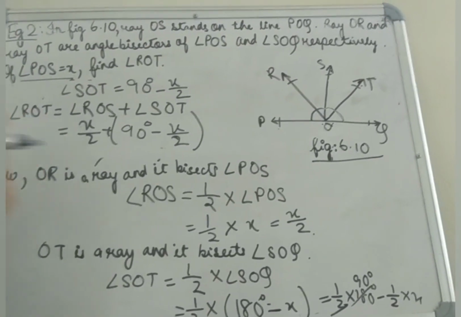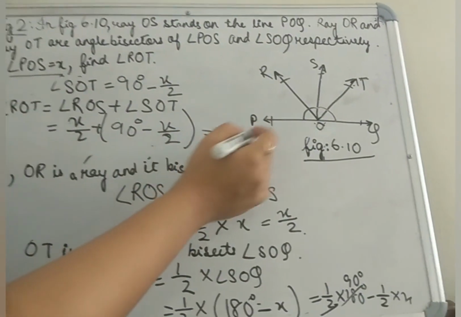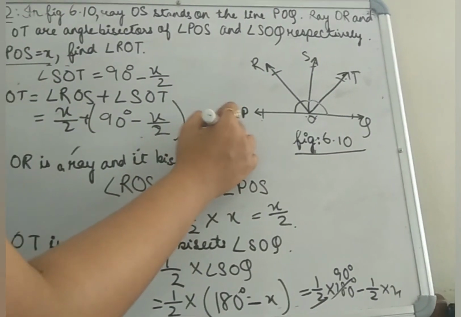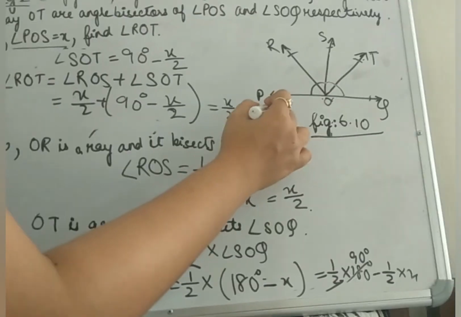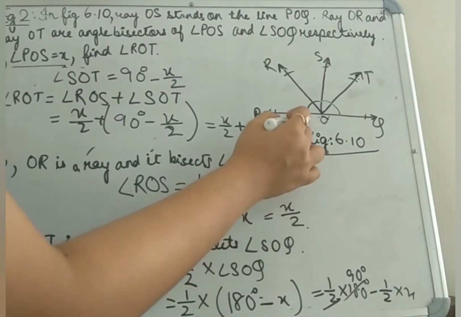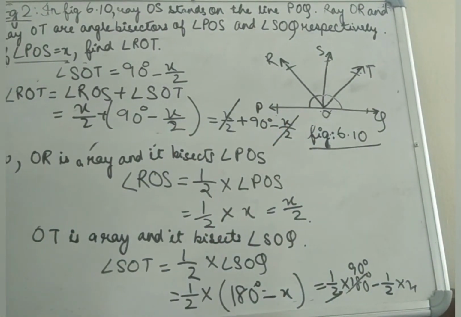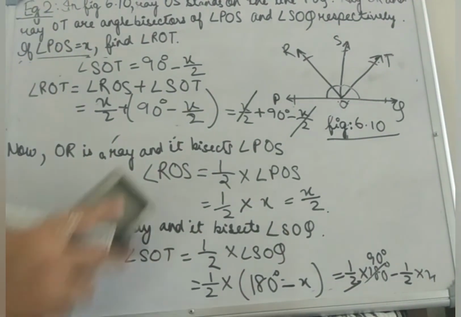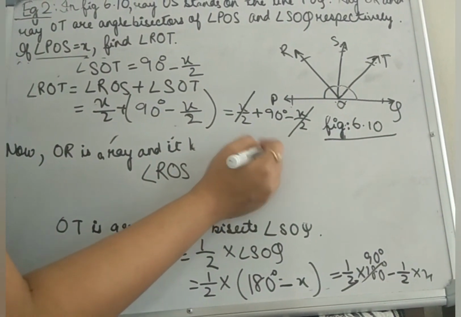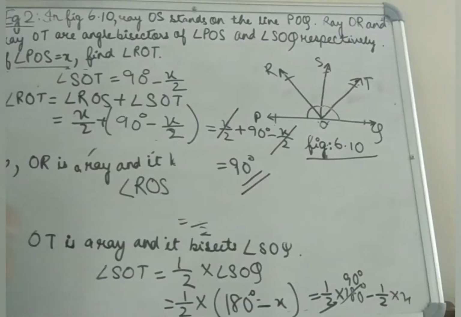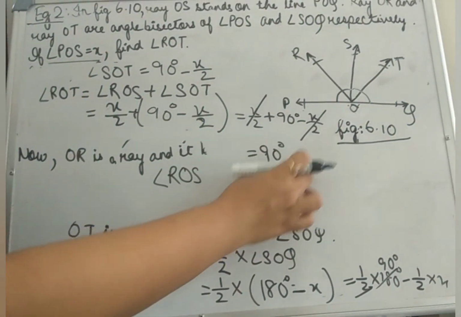So our answer will be X by 2 plus 90 degrees minus X by 2. This X by 2 and this X by 2 will get cancelled, and so our answer will be 90 degrees. That's the answer. So ROT will be 90 degrees.